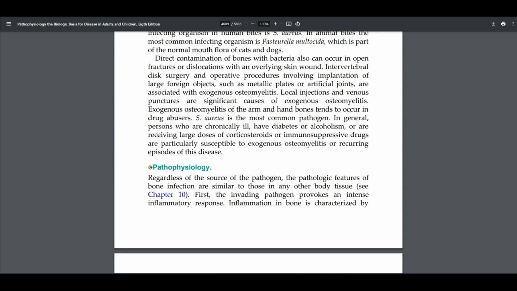S. aureus is the most common pathogen. In general, people who are chronically ill, have diabetes or alcoholism, or are receiving large doses of corticosteroids or immunosuppressive drugs are particularly susceptible to exogenous osteomyelitis or recurring episodes of this disease.